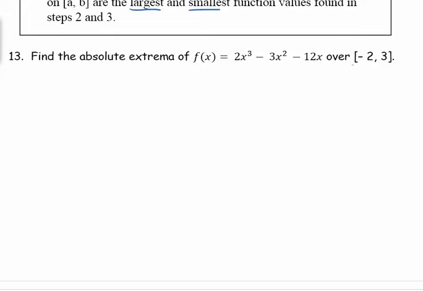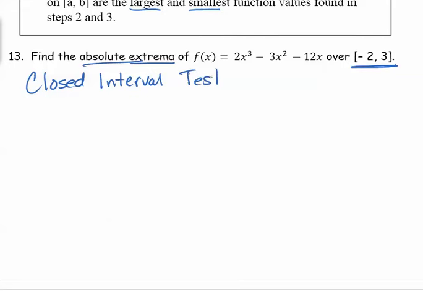All right, so when you see that we're looking for extrema, we're looking for absolute extrema on a closed interval. So you don't have to write this each time, but this is the closed interval test. So our first step is to find the critical numbers. So I find the first derivative.